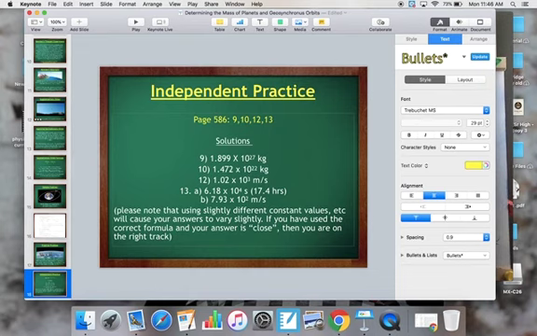The questions themselves are actually the same in terms of numbers. It is still 9, 10, 12, and 13. You'll notice that 11 in the textbook is the one that we just did as a sample problem anyway. Okay, so those would be the questions.